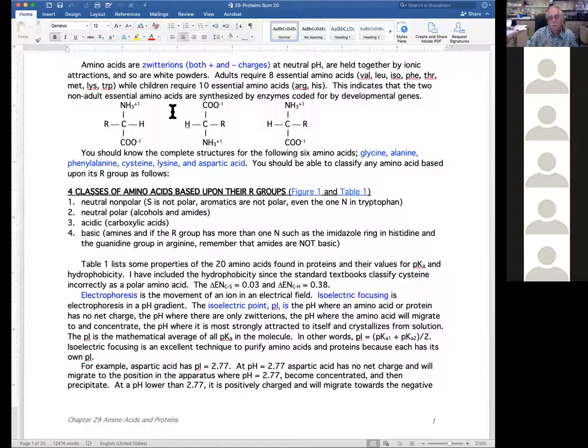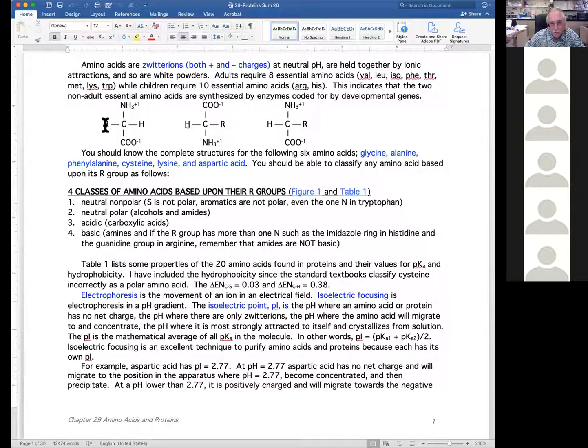So under these conditions, amino acids are zwitterions. They have both a positive and a negative charge. So two of them would be strongly attracted to each other by ionic attractions. And because all amino acids share this same organization right here, you should know how to draw them.